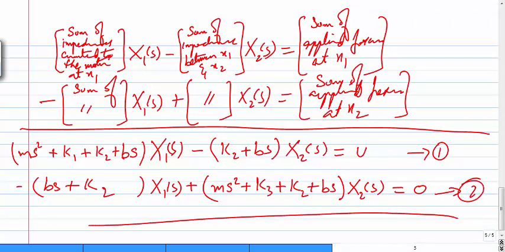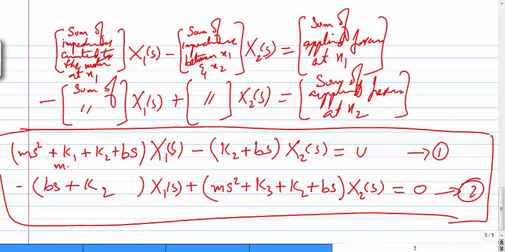So this is the way you can write equations directly if you want to find the transfer function for a mechanical system. But you can write the differential equations as well. How can you do it? You know that this is second derivatives.